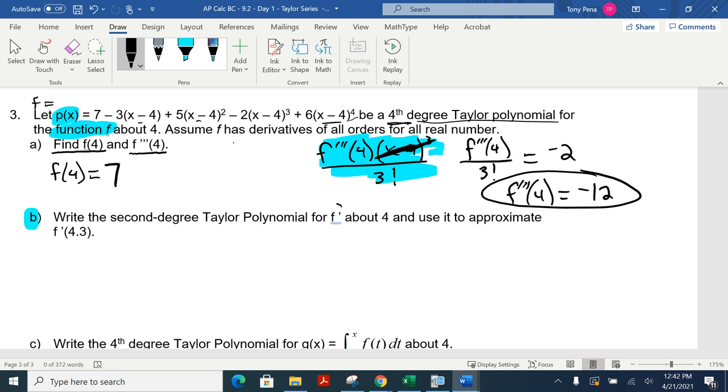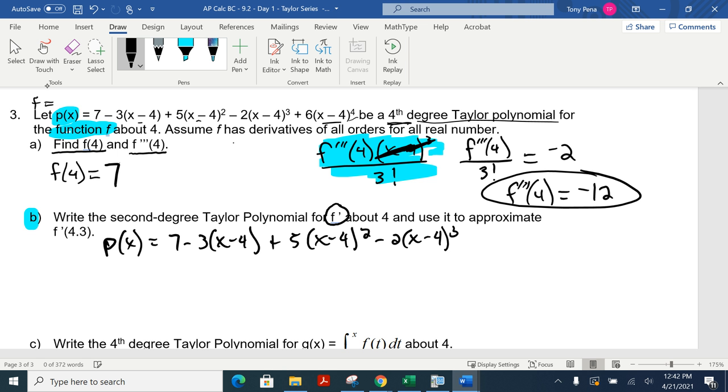So if I simply want f prime of x, then I go ahead and write this P of x as 7 minus 3 times (x minus 4), plus 5 times (x minus 4) squared, minus 2 times (x minus 4) cubed. So I just recopy that.